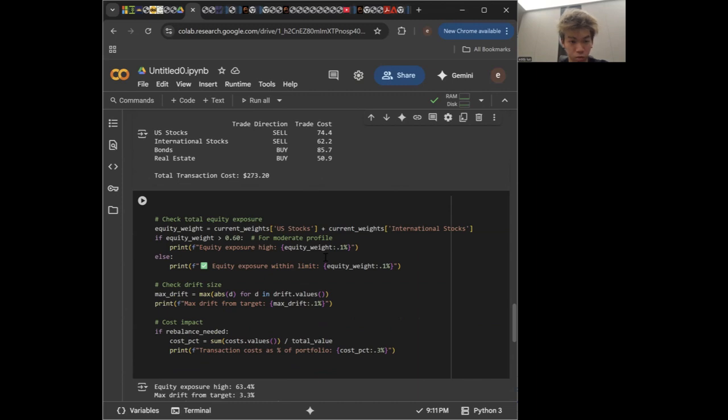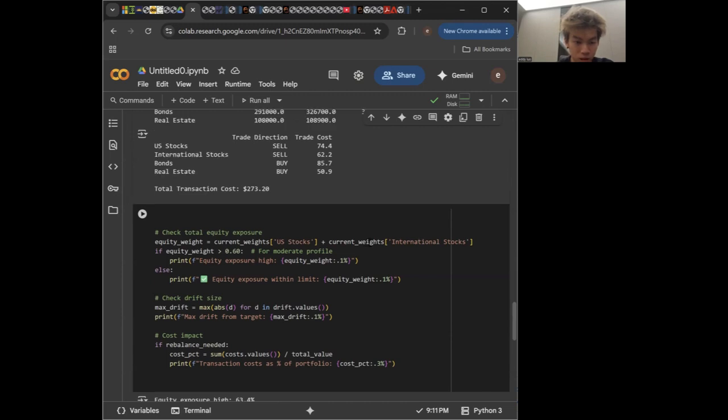And then we check the total equity exposure, which checks if the equity is more than 60%. Currently we need to rebalance, but we don't know if the equity is over 60%.